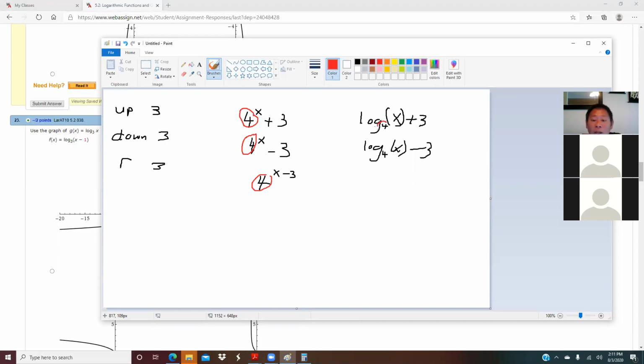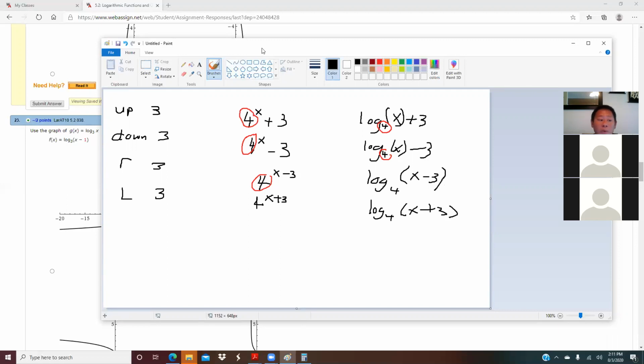For log, it's inside, and there must be minus. So see the difference between up and down, left and right? And left 3 is a plus 3. You guys see the difference here?